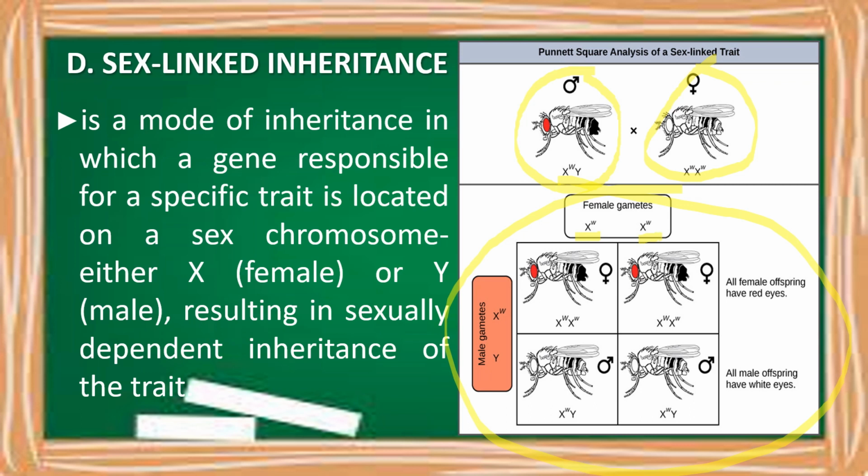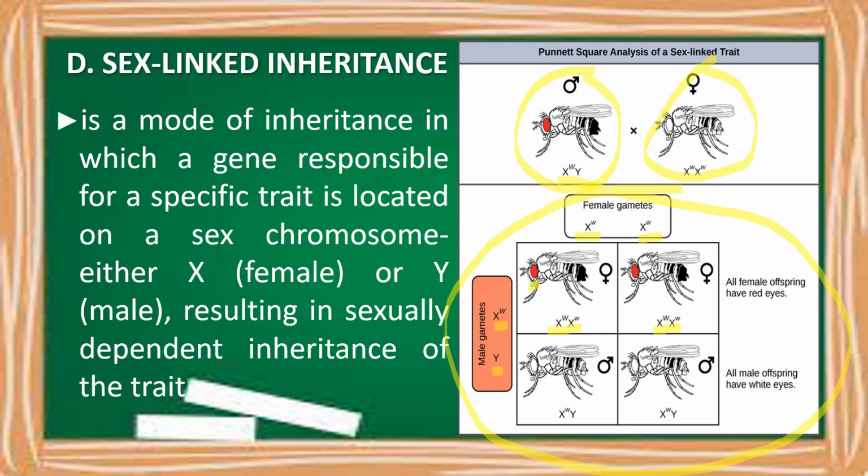So we cross X^W and X^W. You will have a female. The female offspring has red eyes, as you can see in the picture. Next, X^W and X^W. It is the same as the female parent, so they have the same genotype.